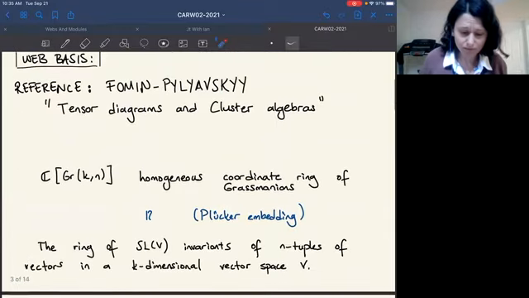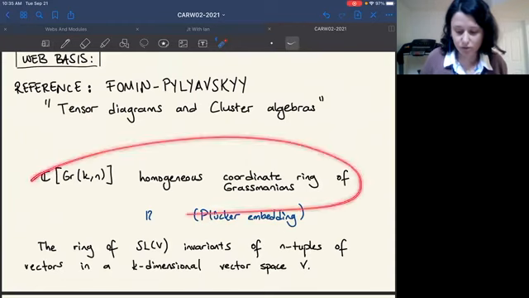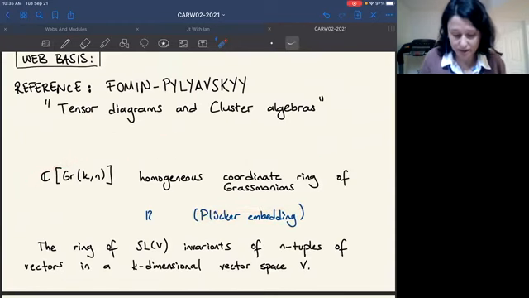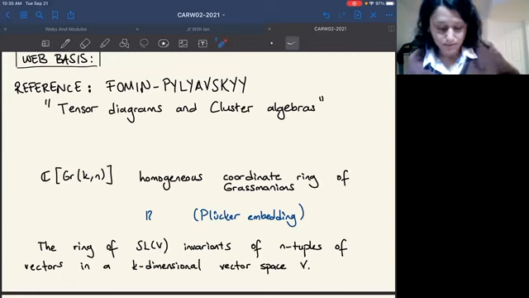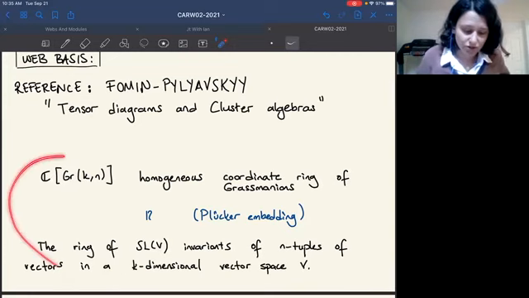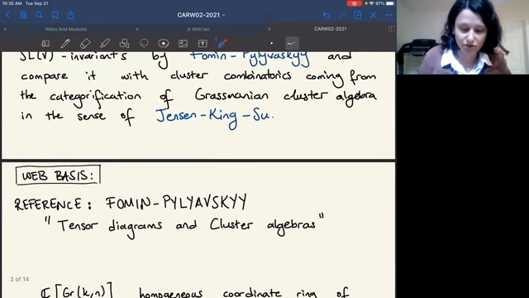Because the cluster structure on the homogeneous coordinate ring of the Grassmannian is just a special case of the cluster structures in the ring of SL_k invariants of n-tuples of vectors in a k-dimensional vector space. So then it is natural to ask whether the Fomin-Pylyavskyy cluster structure coincides with the cluster structure coming from the setting of Jensen-King-Su.